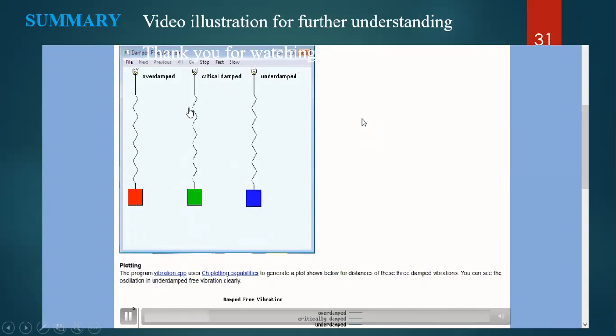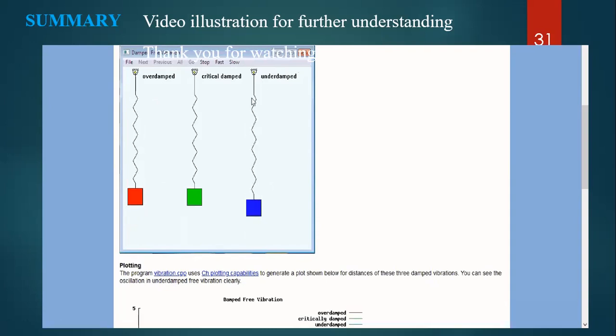So the critically damped case immediately overshoots and then stops. And the overdamped one goes slowly and finally stops. So this is the case of the three vibration cases. Yeah, this best describes the situation of what we have learned.